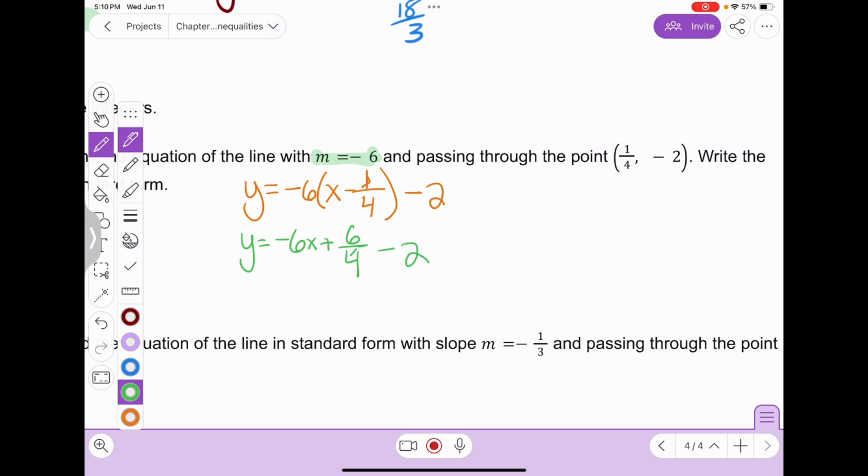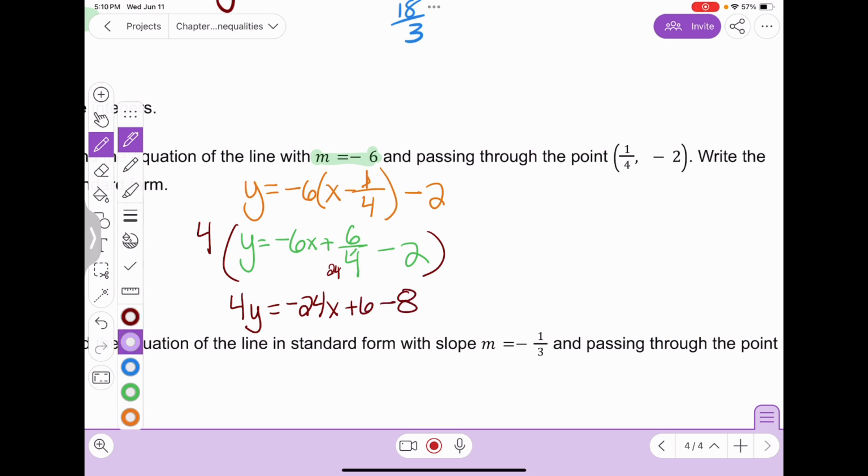Now I want to get rid of the fractions, just like we were doing with the other thing. So I'm going to multiply everything by 4. So 4 times y is 4y. 4 times negative 6x is negative 24x. 4 times 6/4. So 4 times 6 is 24. And then 24 divided by 4 is 6. And 4 times 2 is 8.